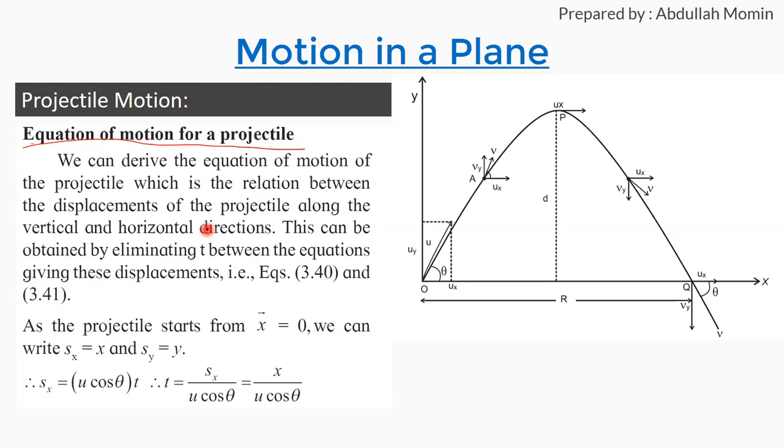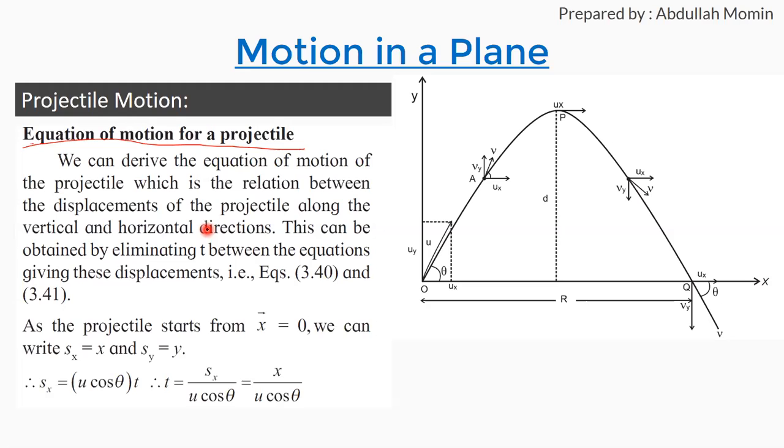So we can write the displacement along the x-axis as x upon u cos theta. This is the equation of t.